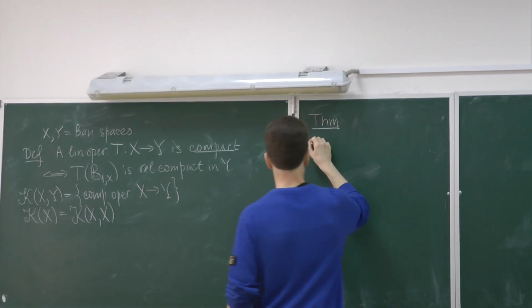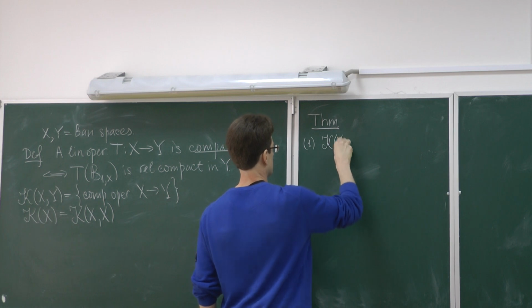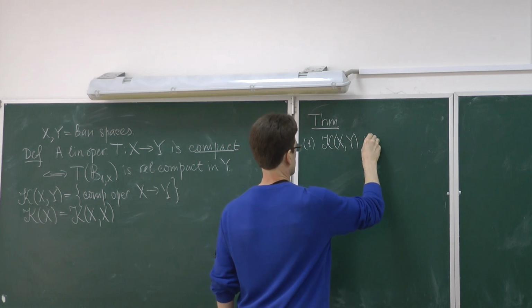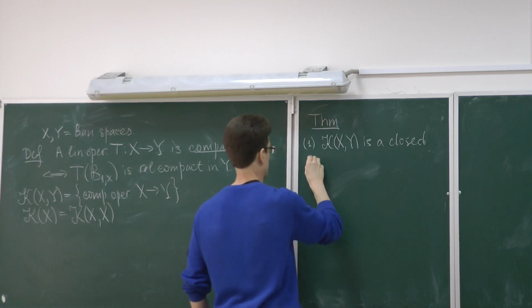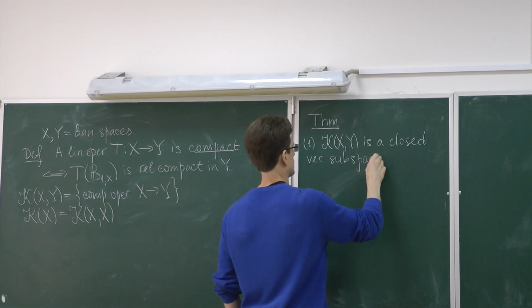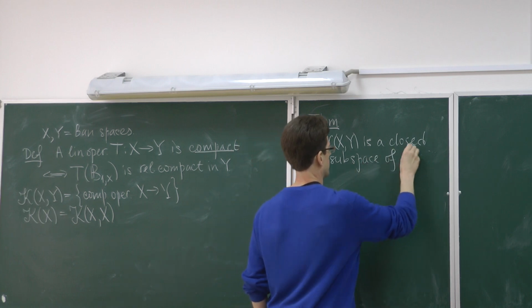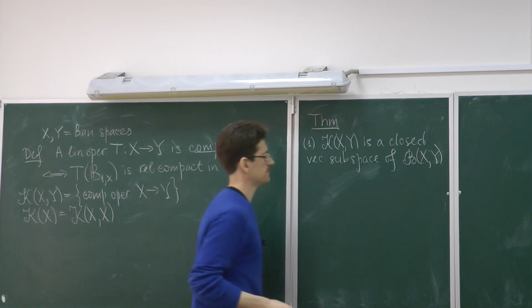First of all, I claim that the set of compact operators, K of X, Y, is a closed vector subspace of the space of all bounded linear operators from X to Y.